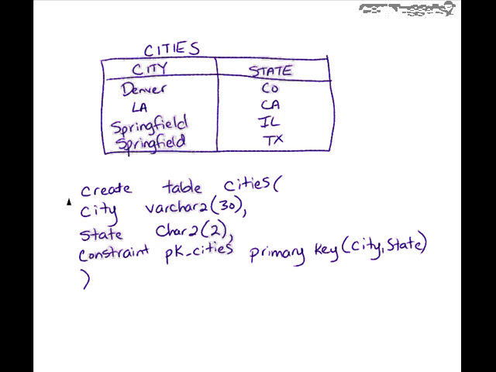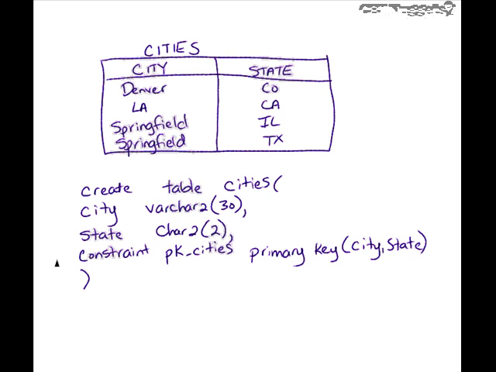Now, we could have created the table first and then added the primary key, or we can create the table and the primary key at the same time. So that's what we're going to do here. Let's just do it in one step. So create table cities. We have city, varchar2, 30 characters max, state, which is char 2 with 2 characters, and then we can specify our constraints.